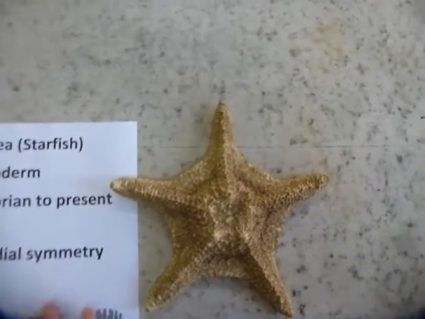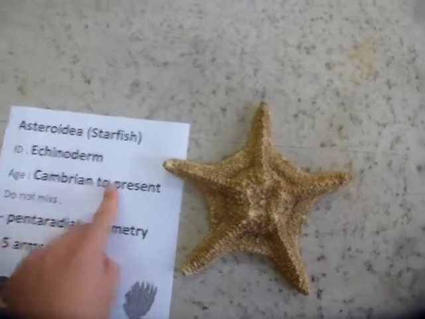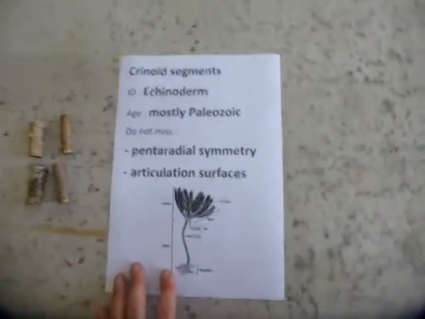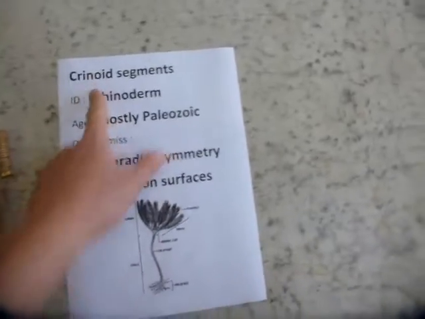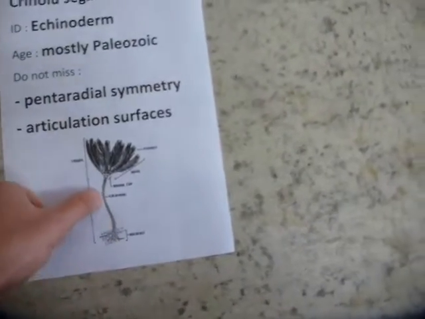So here the starfish is really easy to identify because it has 5 arms, not particularly interesting for stratigraphy. But it illustrates very well the system of pentaradial symmetry. Now the crinoids. Crinoids, also called sea lilies, look very much like a plant.